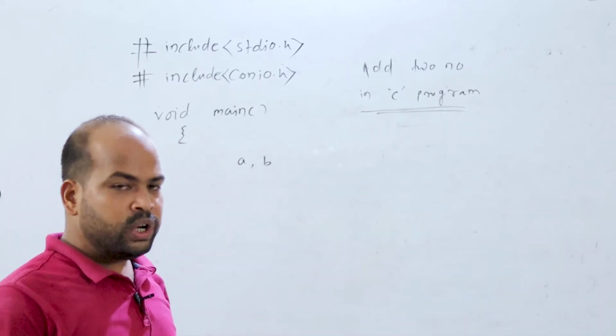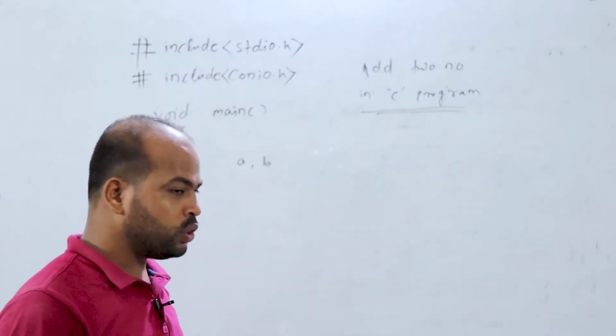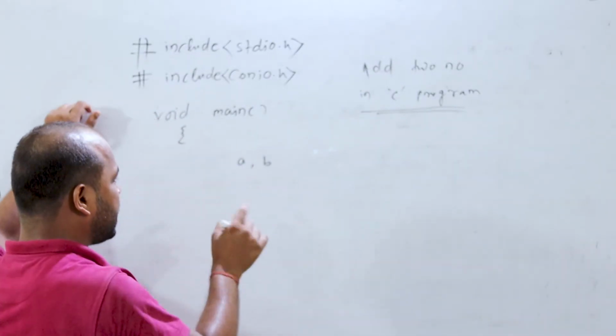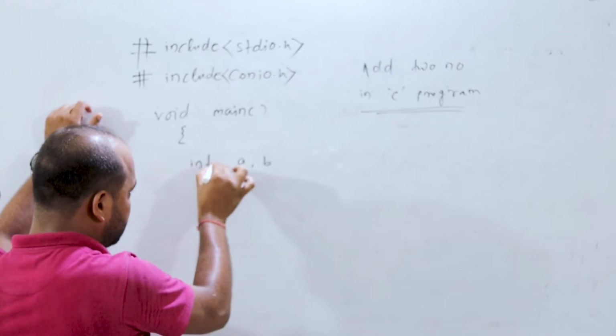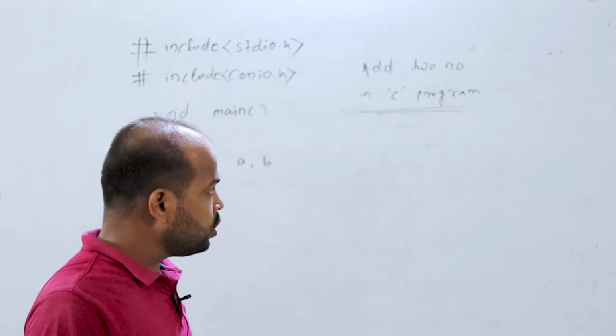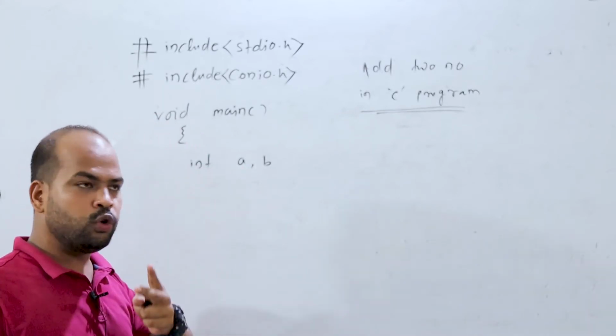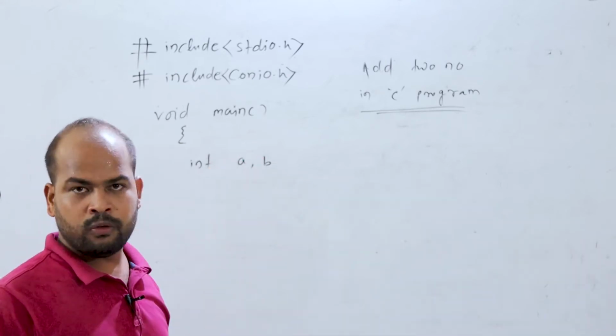So which type of value will the variable hold? So you have to declare the data type. We can use data types to insert values in variables. For inserting two values, we take two variables.